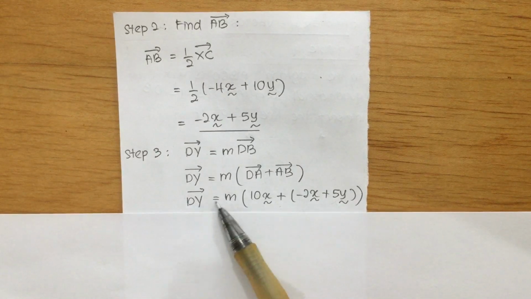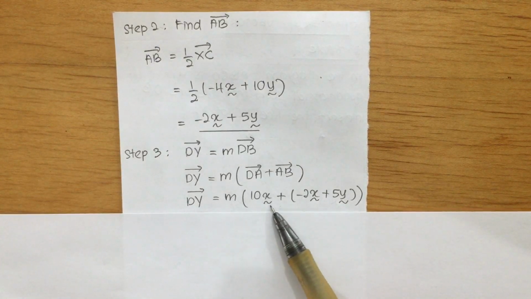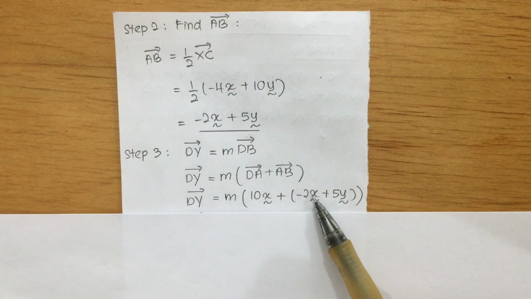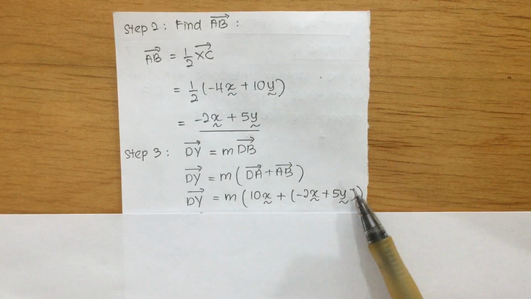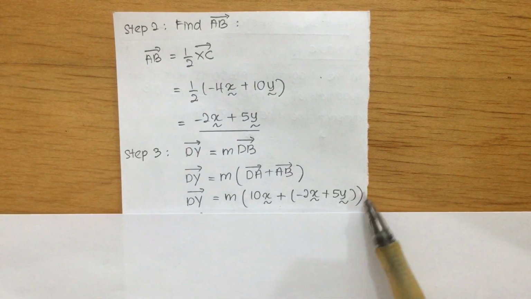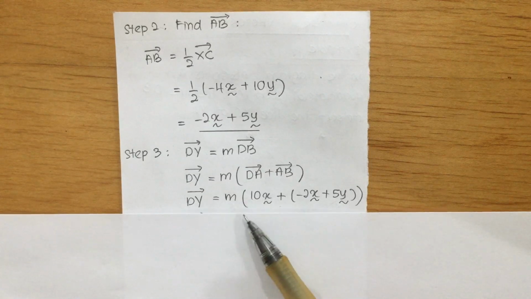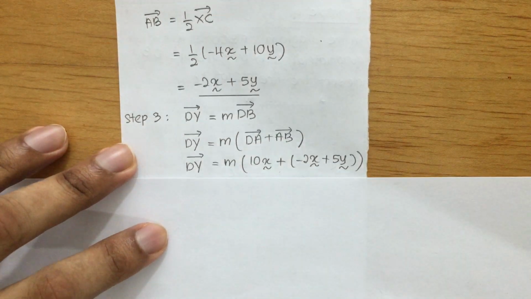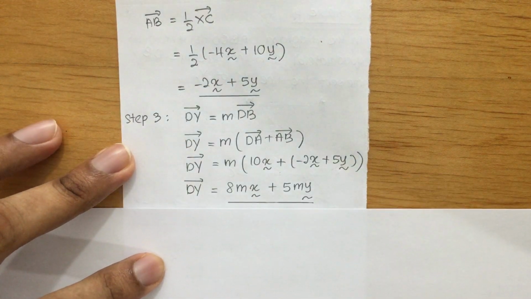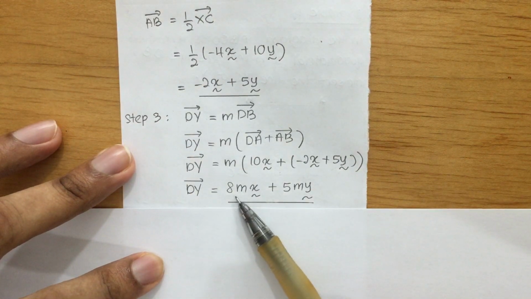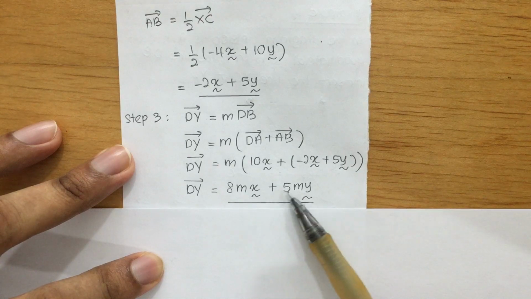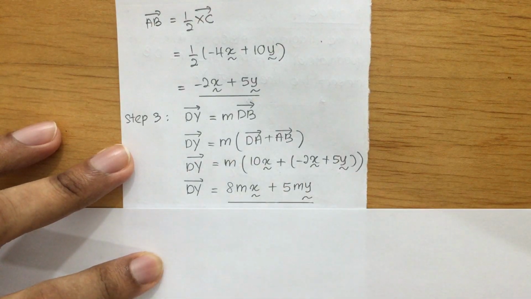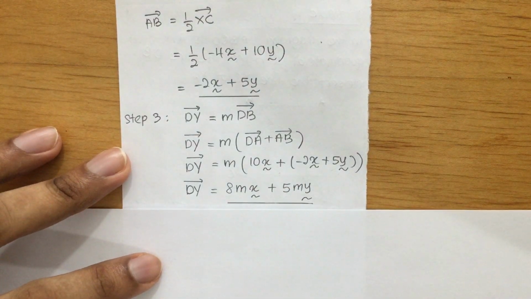So DY equals m in a bracket, 10x plus, in a bracket, negative 2x plus 5y. So you solve the inside bracket, you get 8x plus 5y. So from here you get vector DY is equal to 8m component x plus 5m component y. So this is your first expression of vector DY.